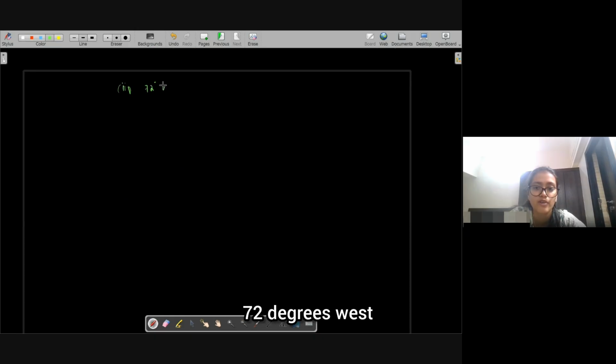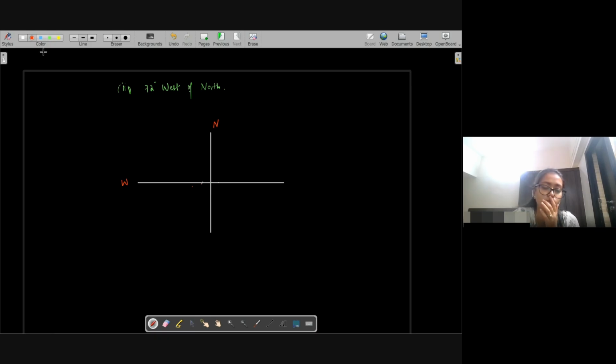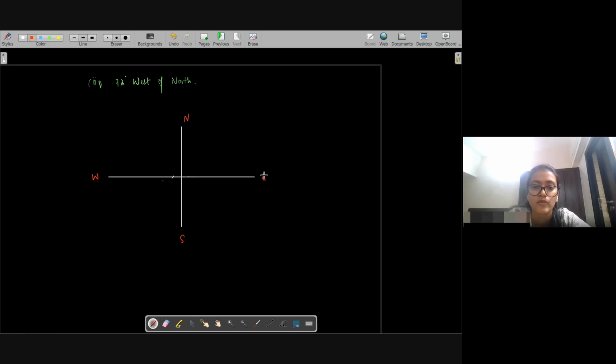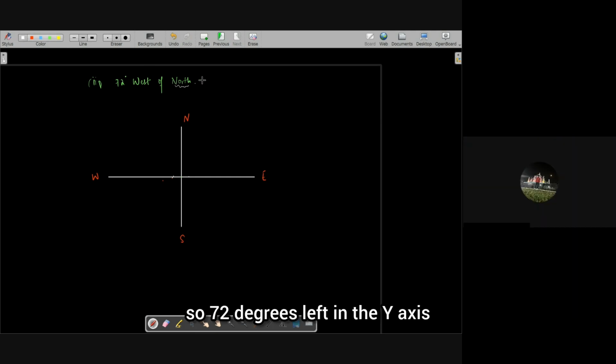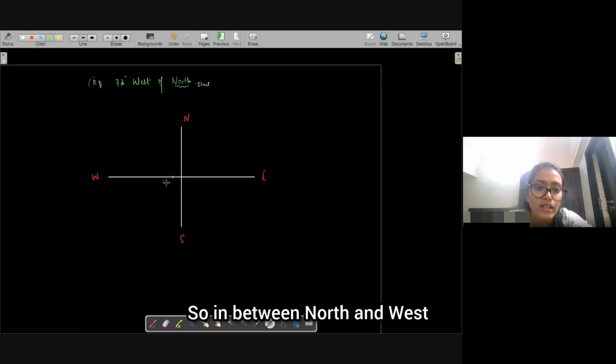22 degrees west of north. I will copy and paste this. North, south, east, west. West of north, so you have to start with 72 degrees left of the y-axis, between north and west.